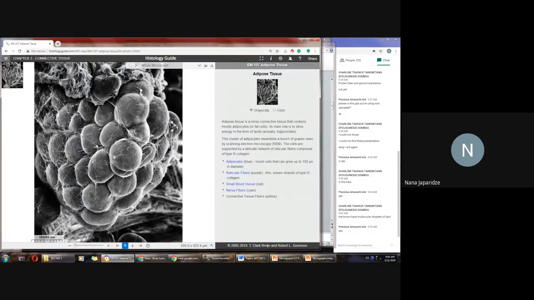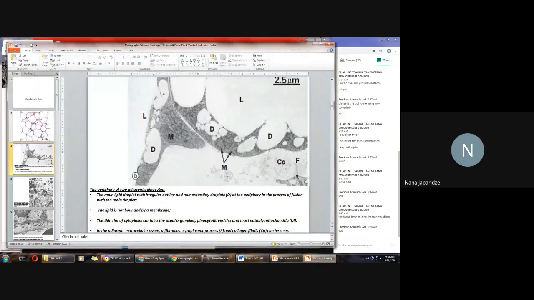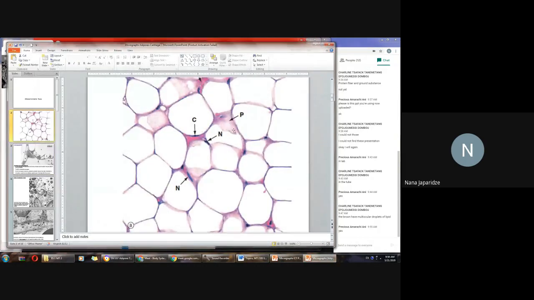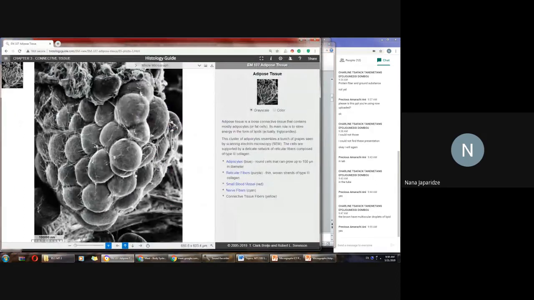So when the plane of section goes very superficially and includes only the cytoplasm, in this case, you will see much more cytoplasm, like in this case here. Okay?